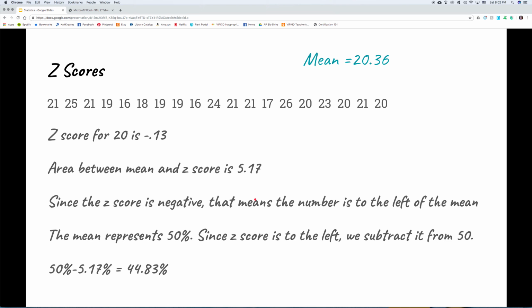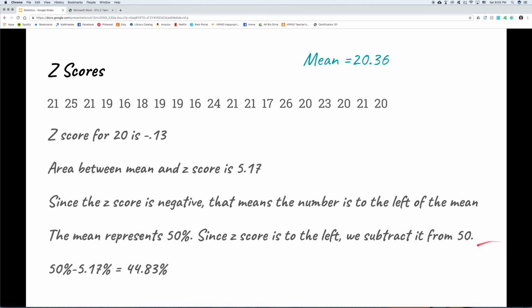Since the z-score is negative, that means the number is to the left of the mean. And the mean is 50%. It's the 50% mark. The area between mean and z-score is a percent. So since the z-score is negative, that means it's 5.17% below 50%.